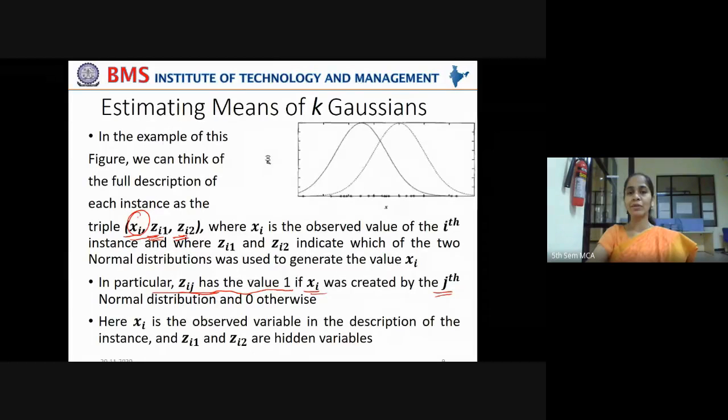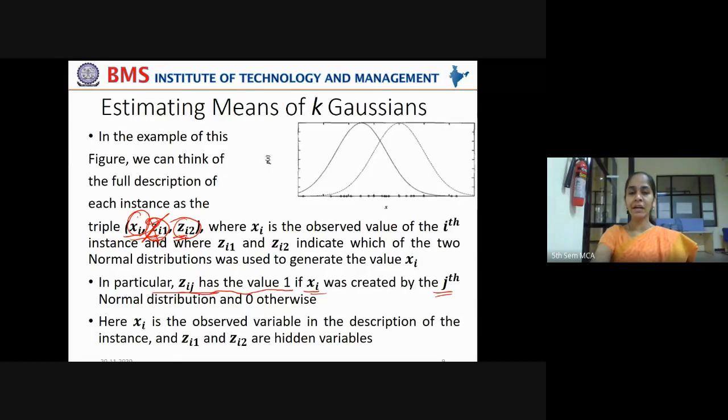Otherwise, it will have the value 0. Means you are indicating it mathematically. If xi has been generated by this distribution, zi1 will have value 1. But if xi has been generated by this other distribution, in that case zi2 will have value 1 and zi1 will have 0.